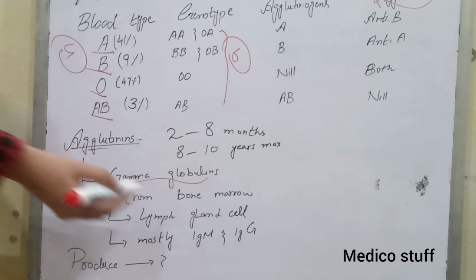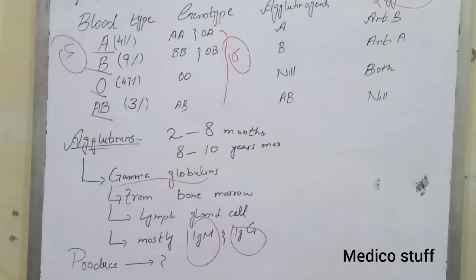Now most of them are IgM and IgG. IgM is a pentamer, while IgG is also a type. Both of these mostly occur as agglutinins. Now how are these agglutinins produced?